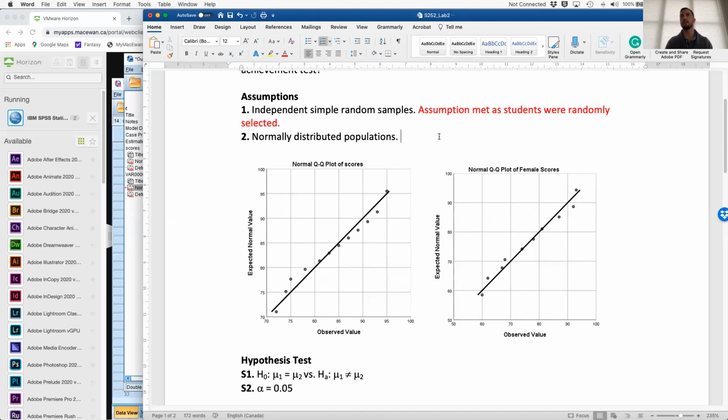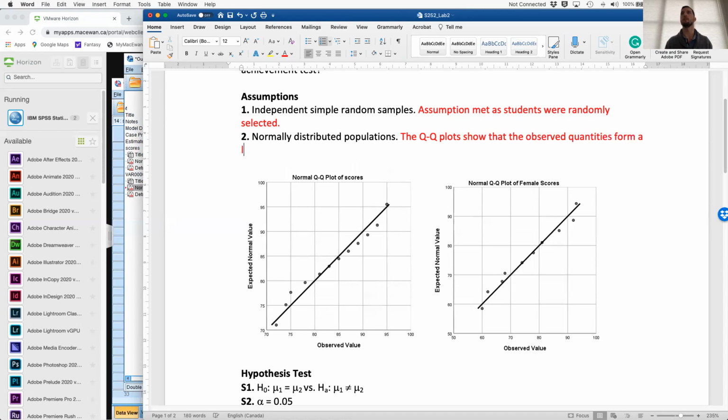So I think it's safe to say in each case that the QQ plots are giving sufficient evidence that the variable is normally distributed in each population. So we can write here: the QQ plots show that the observed quantities form a linear relationship with the expected normal values.